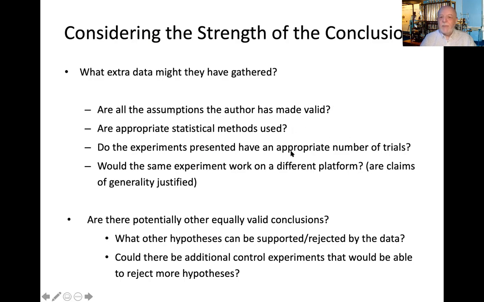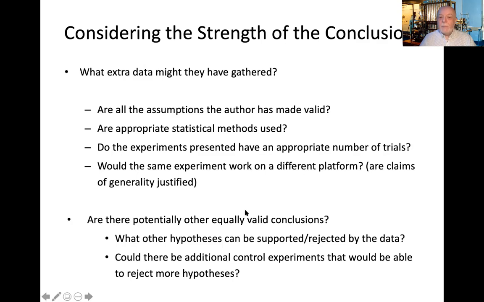Do the experiments present an appropriate number of trials? Would the same experiment work on a different platform? This is the generality question. If you were doing an experiment and you might say all robots are effective at moving upstairs, but actually the experiment was only done with legged robots, then that probably isn't a very good conclusion to make.